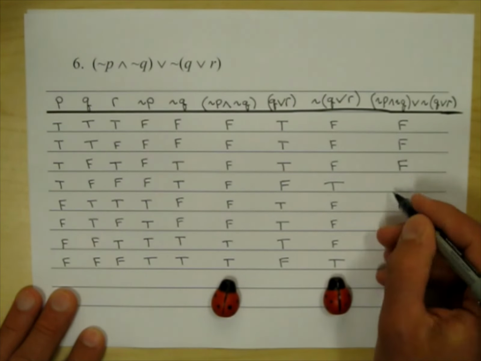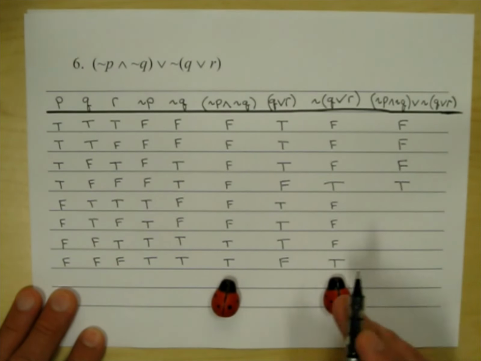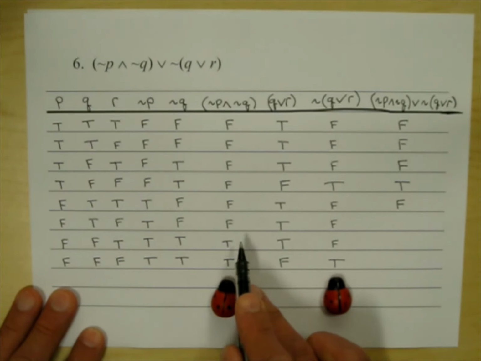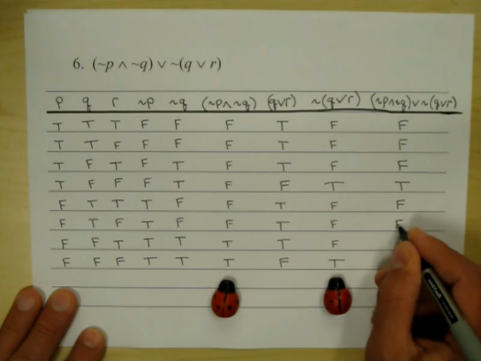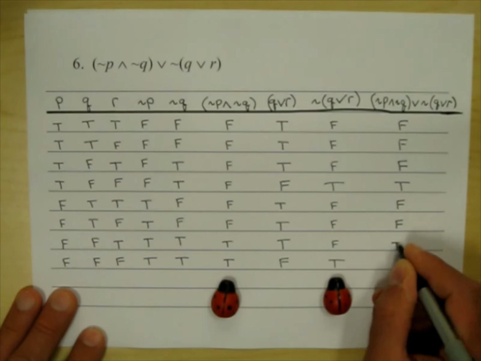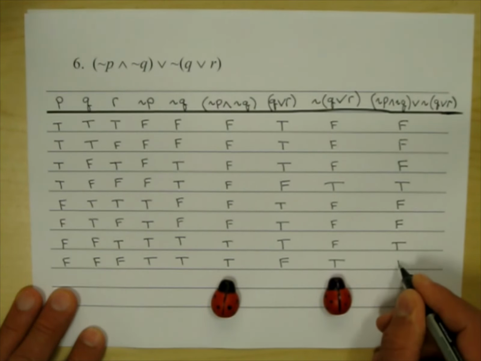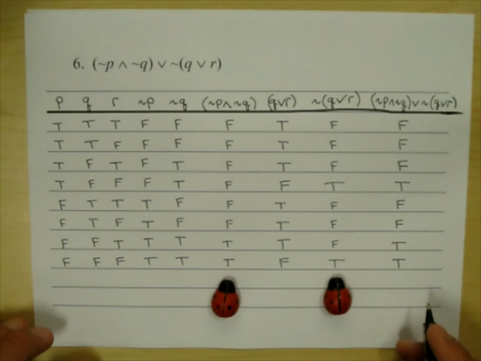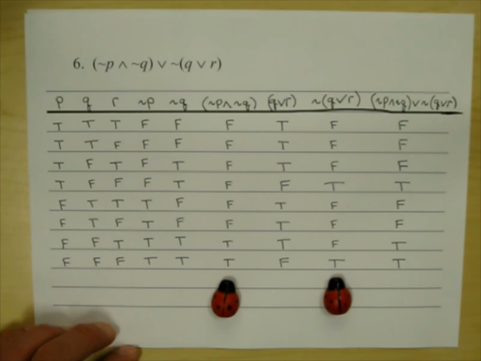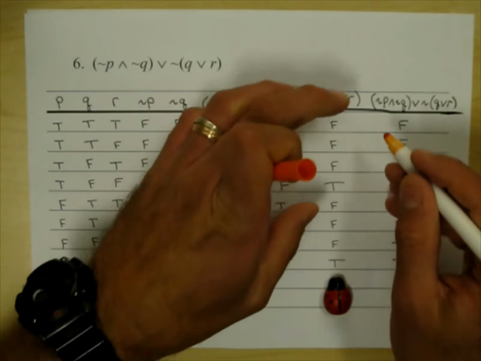Then false or true is true, false or false. Lots of falses in this one. False or false, true or false is true, and true or true is true. And this gives us our truth table here, our final column.